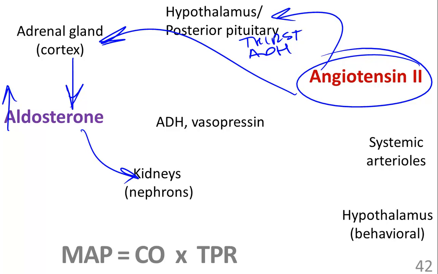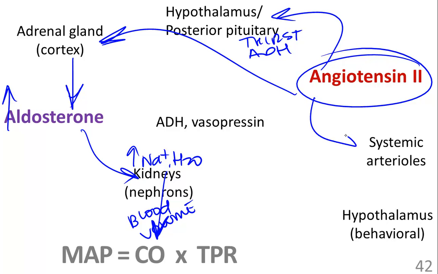Aldosterone is going to go to the kidneys and help increase sodium and water reabsorption. That's going to help improve our cardiac output through blood volume. Ang2 can also go to systemic arterioles and cause vasoconstriction.